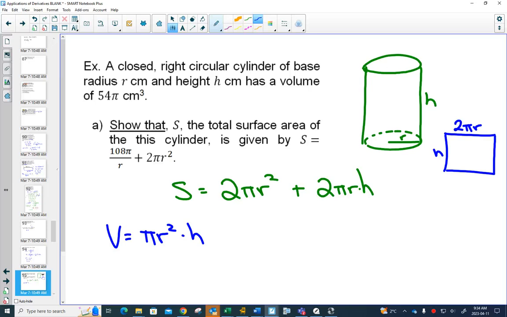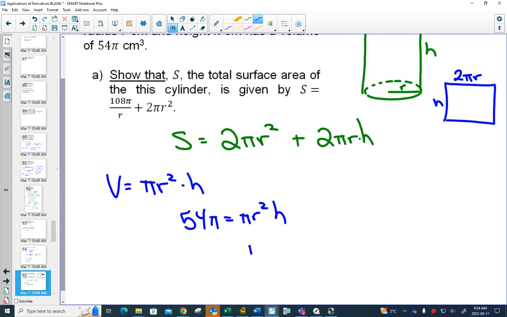Okay, so we've got our volume formula, and we know that our volume, wow, now I've lost 2 points. We know that our volume is 54 pi. And so here, I can rearrange this to get h by itself. When I divide both sides by pi, they'll simplify, but dividing both sides by r squared will give me that.